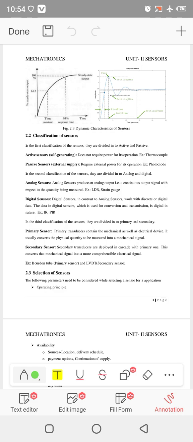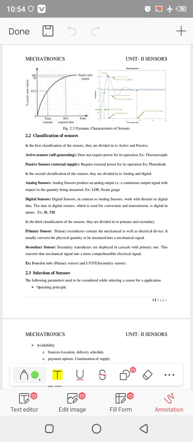The first one is active and passive sensors. In the first classification of sensors, they are divided into active sensor and passive sensor. The active sensor is self-generating.